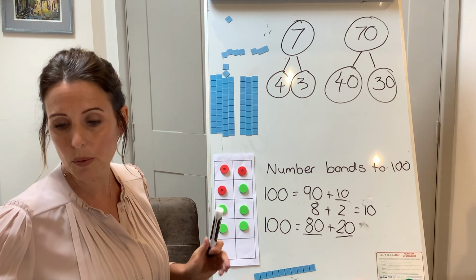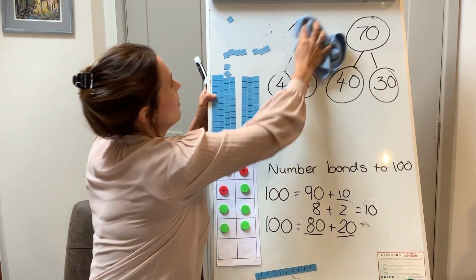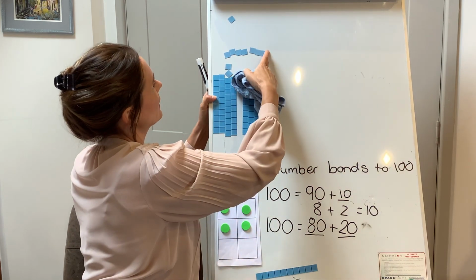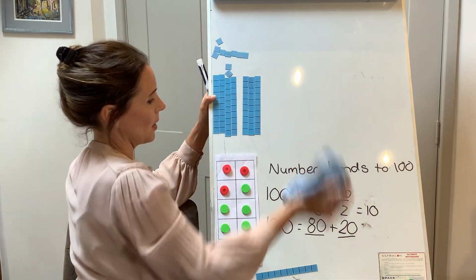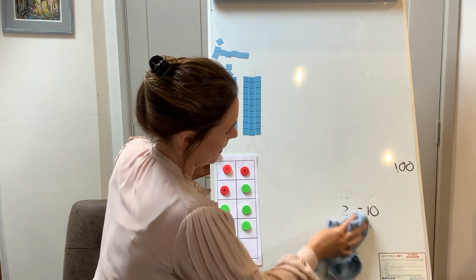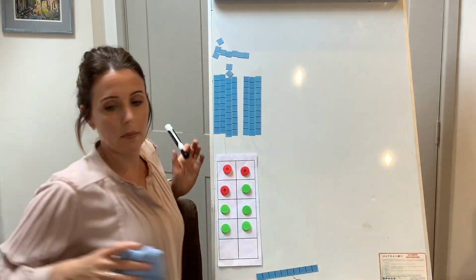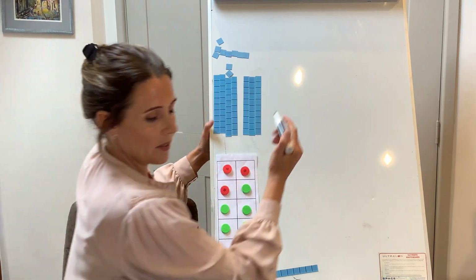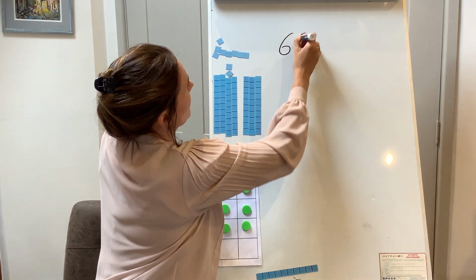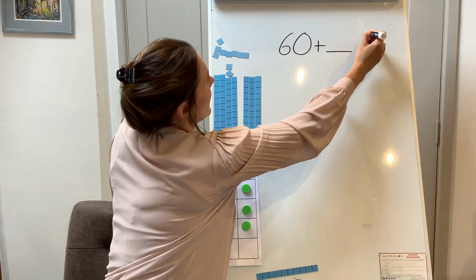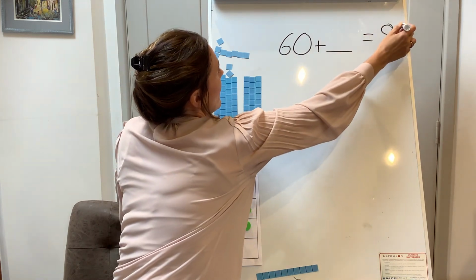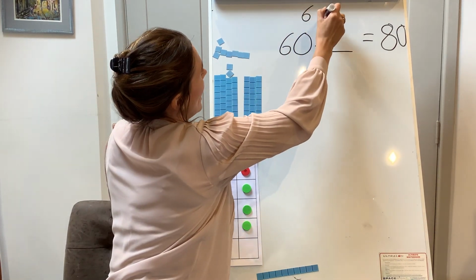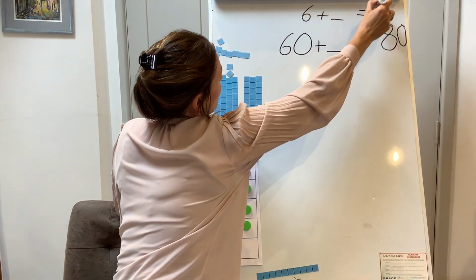We can also use our knowledge of number bonds and related facts to help us to find missing parts of number sentences when we're adding using multiples of 10. So if we have 60 add something is equal to 80, we can use our knowledge of 6 add something is equal to 8.